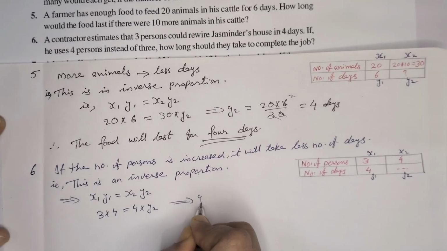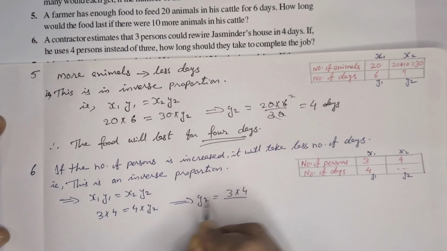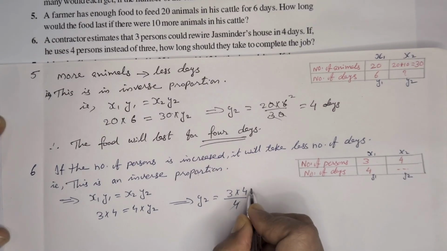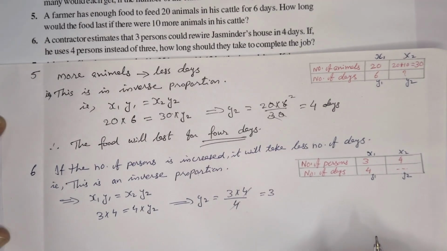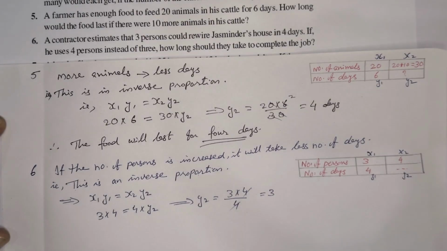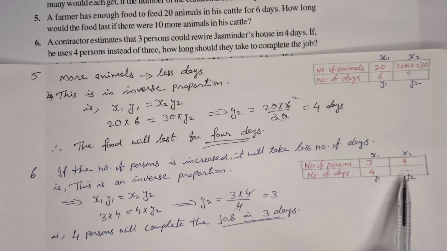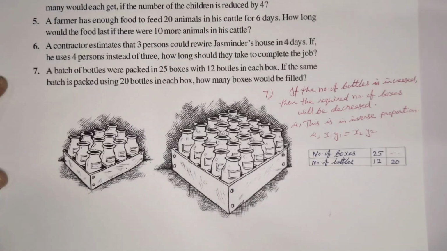From that, y2 is equal to 3 into 4 divided by 4, which is equal to 3. So we can write they will take 3 days. So we can write 4 persons will complete the job in 3 days.